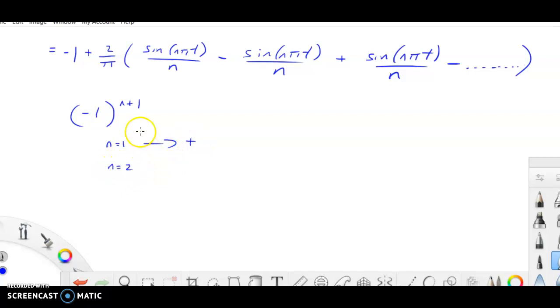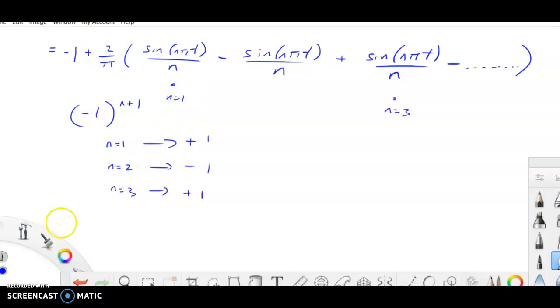When n is 2, that becomes to the power of 3. It's an odd power, so you end up with -1, +1, -1. When n is 3, the power becomes even, so we have a +1. So that gives us a +1 for the odd n's. You see that? There's the odd n there, and there's the odd n there, because that's n equals 3 and that's n equals 1.